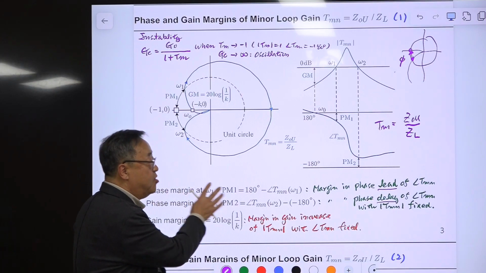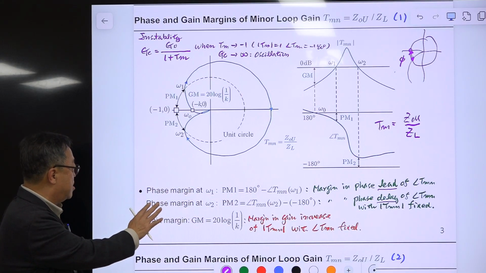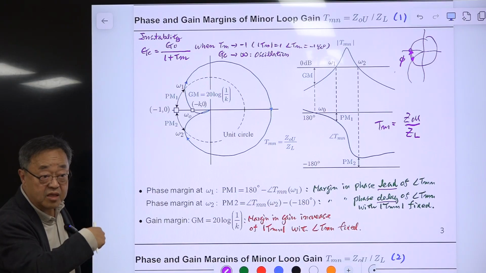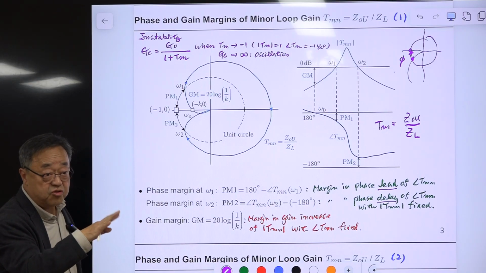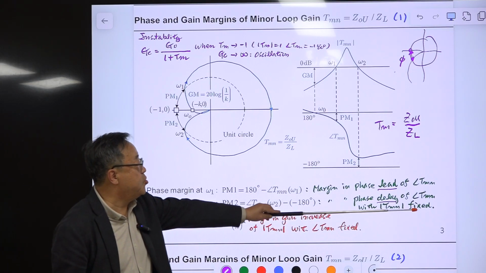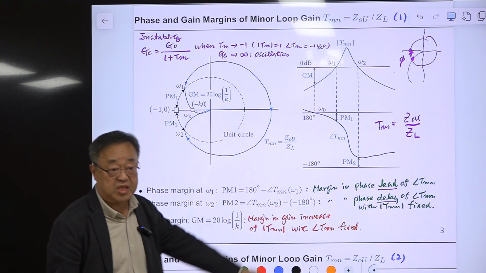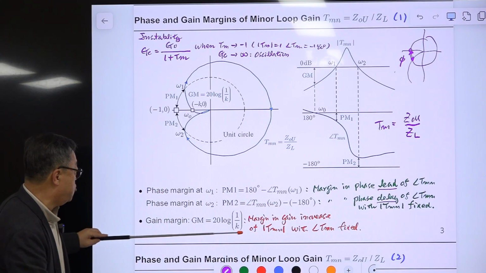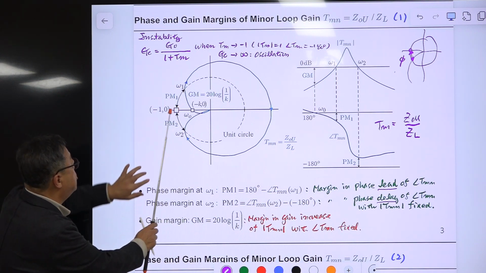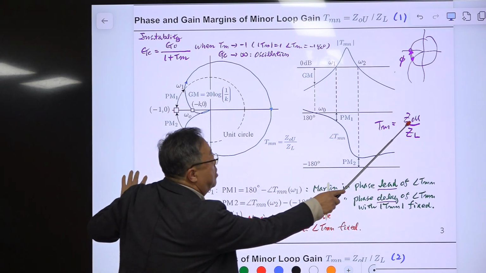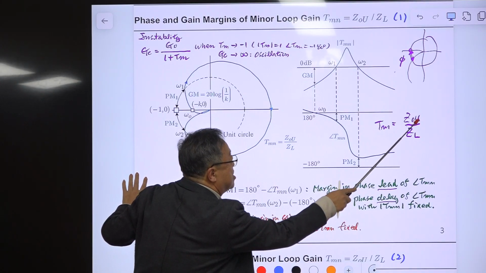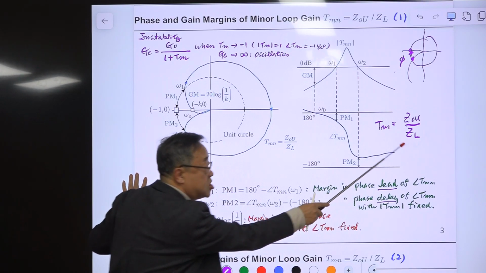When we are talking about the phase margin and gain margin, the other one should be fixed. So these two margins are defined with TMN fixed. And this one is the gain margin. If the gain increases in this one or decreases in this one, the effects are the same.